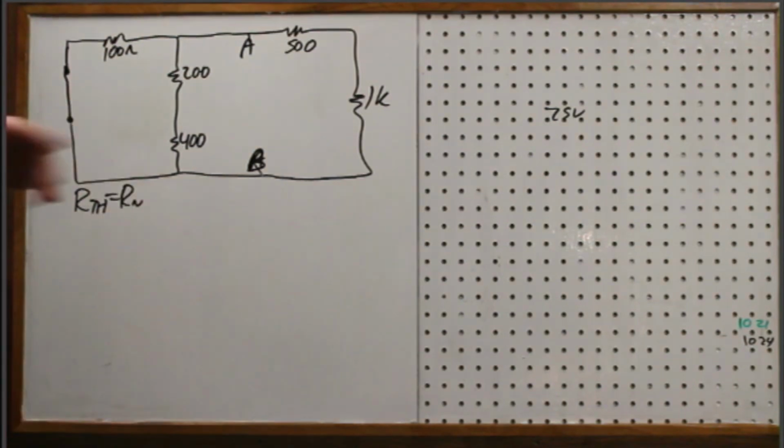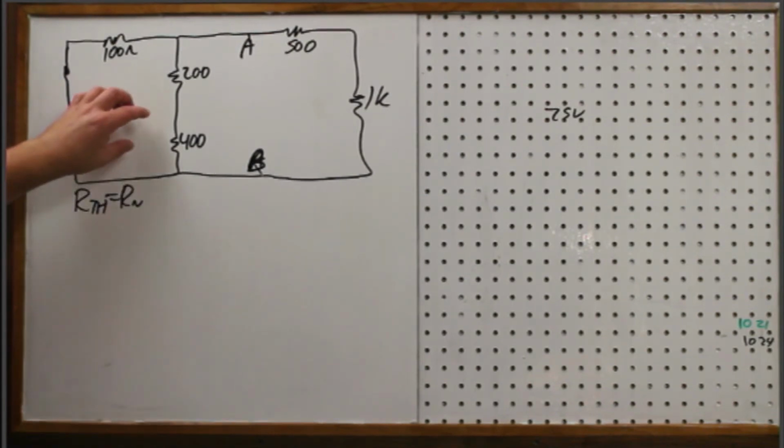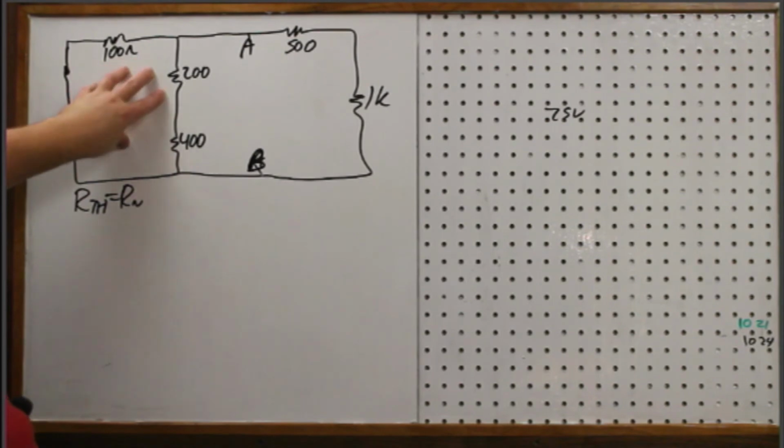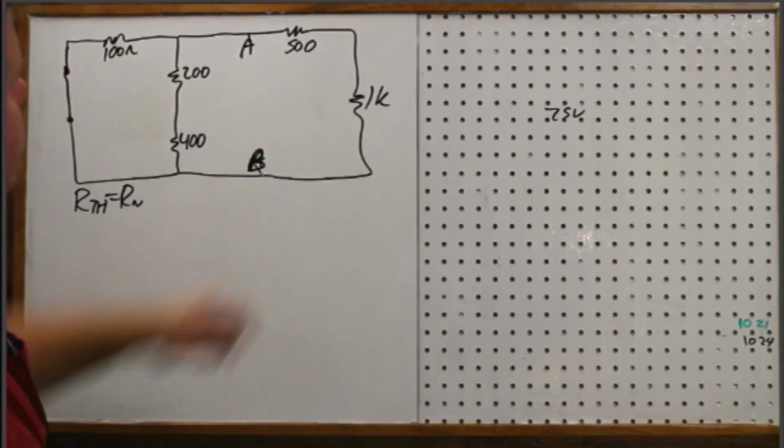Okay. So now I have a similar situation to what we did in the Wheatstone bridge, trying to find the total resistance between those two terminals, right? So in this case, I know that I've got these two in parallel, and I know I've got these two in series with one another.